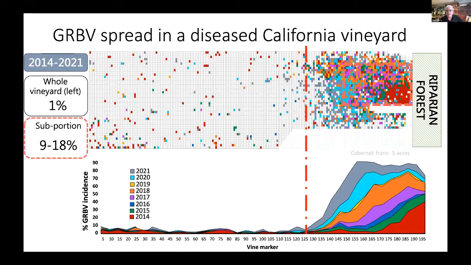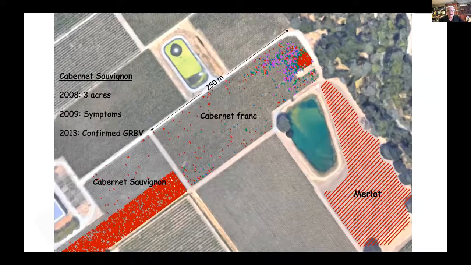This is substantial. And believe it or not, despite my repeated attempts to convince the vineyard manager to rip out this area, I was not very successful at delivering a resonating message. But lucky me, I'm able to continue monitoring the spread of this virus of concern in this particular vineyard.